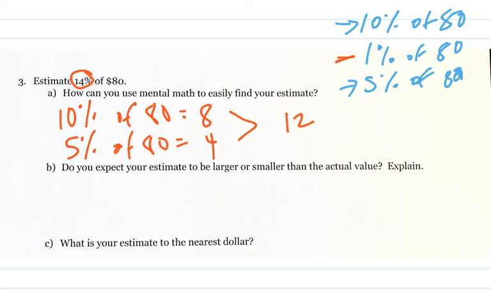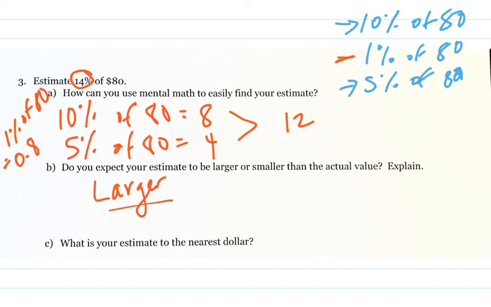So that's a decent estimate, but we know that because I found 15% of 80 instead of 14% of 80, this is larger than the actual value since I found a larger percentage. Now I could find the exact percent, or 14% of 80, because I could find out that 1% of 80 is actually equal to 0.8.